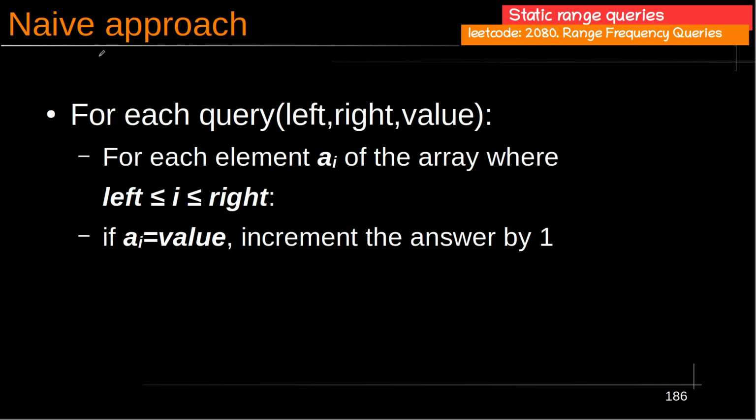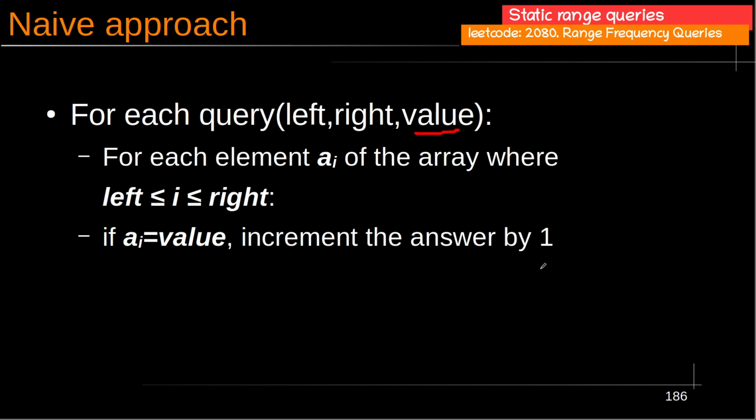We can use the naive approach to resolve this problem, which means for each query left, right, value, and for each element A[i] of the subarray where i is from left to right, we check if that element A[i] is equal to this value.